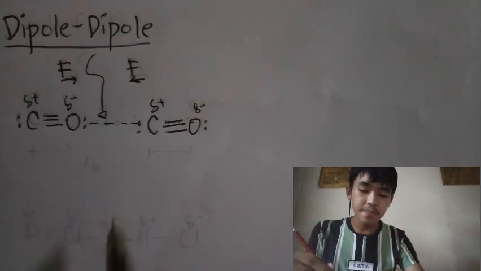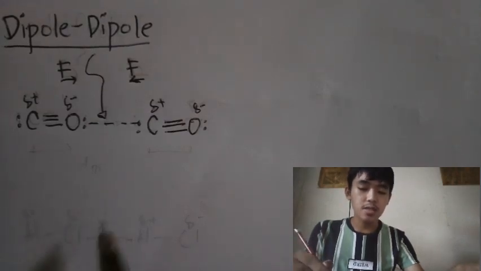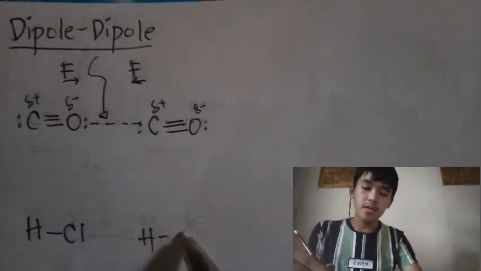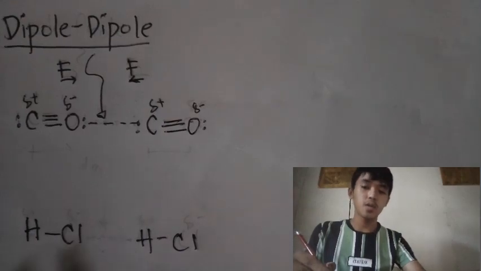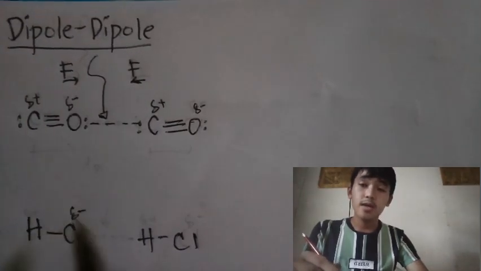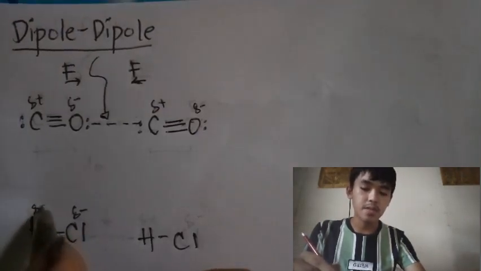So let's consider some example. Again, we have two hydrogen chloride molecules, and chlorine is more electronegative than hydrogen, so it will bear a negative partial charge, while hydrogen will bear a partial positive charge.